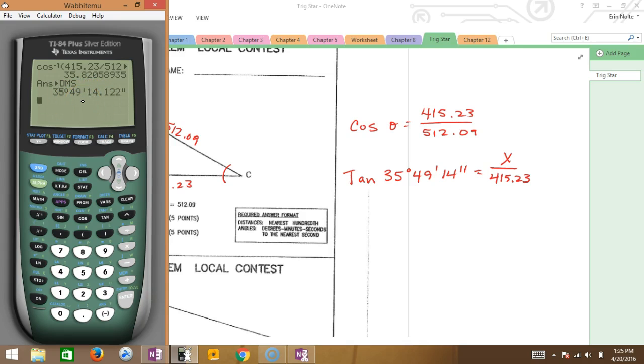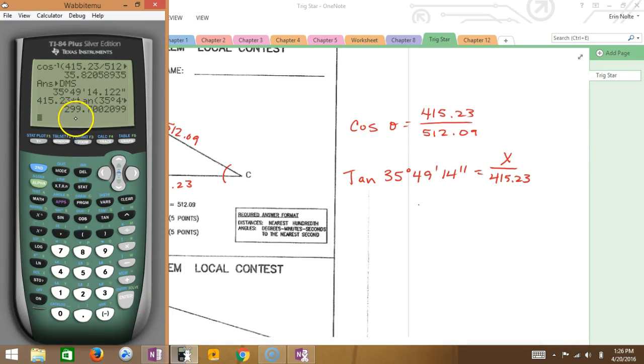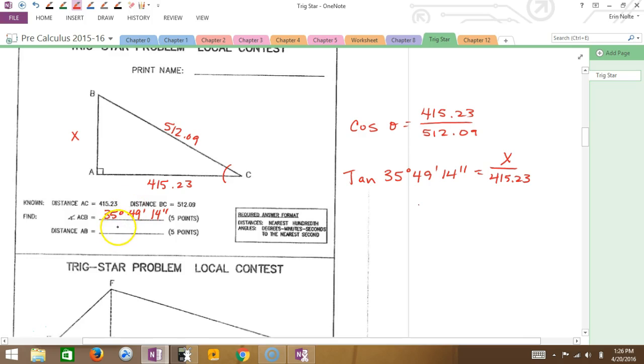If I was solving this equation, I'm just going to do 415.23 times the tangent of that. Save yourself time and use the calculator's already written answers to get exact values. Now this would be considered exact. So we have 299.70. It says round distances to the hundredth, that's 2 decimal places, so you're going to want to write 2 decimal places for every distance length.